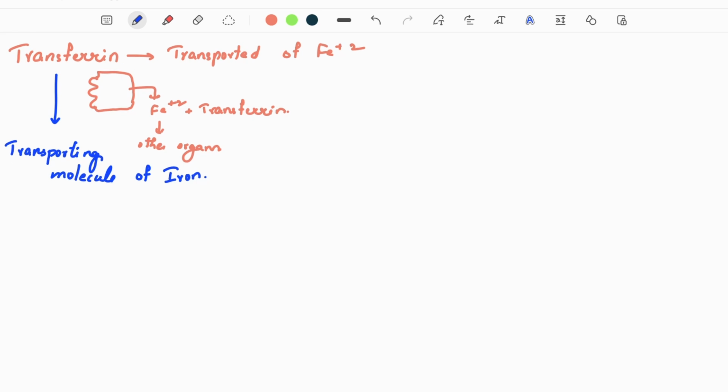For example, if this is the transferrin, there is a maximum chance for the attachment of 6 iron molecules. It means 6 iron molecules can attach to this transferrin.